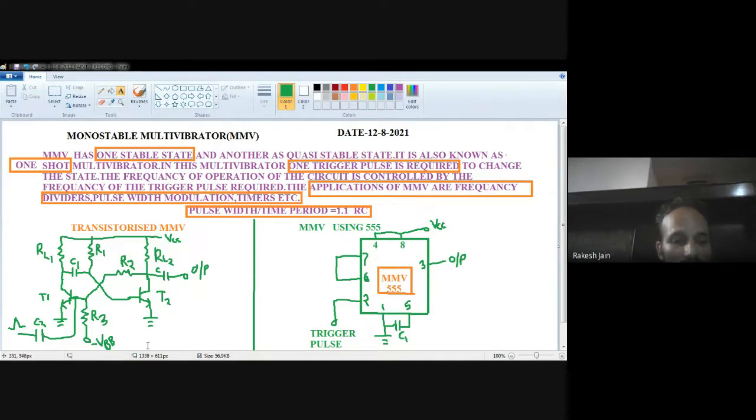Now the rest of the components control the frequency of operation. The pulse width depends on 1.1 RC, as I have already mentioned above. So R and C are connected in the remaining circuitry.